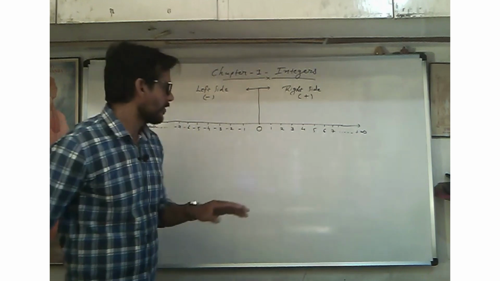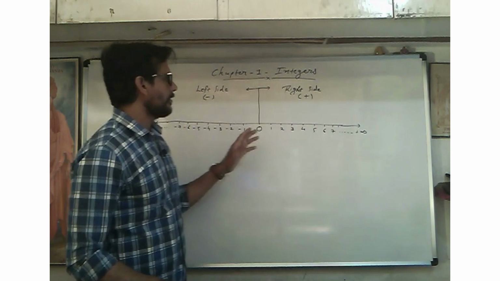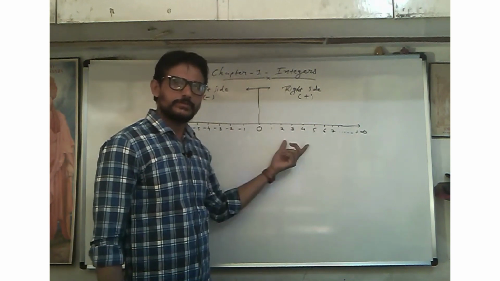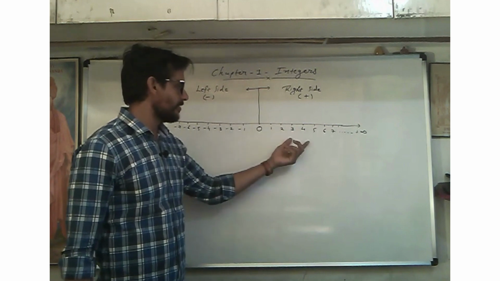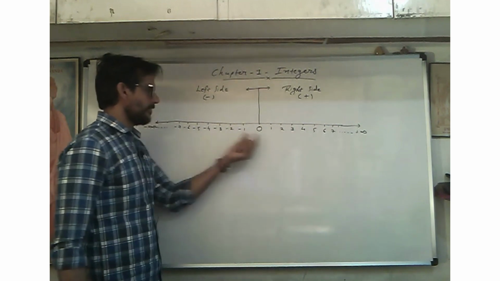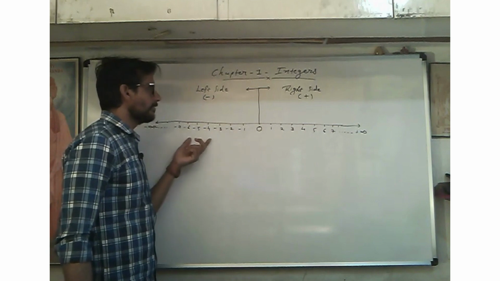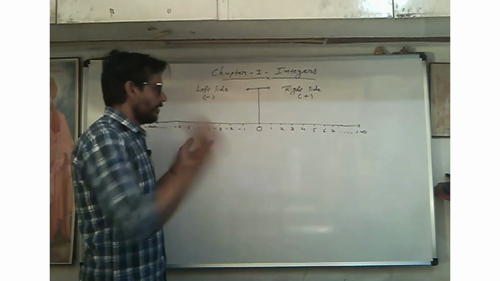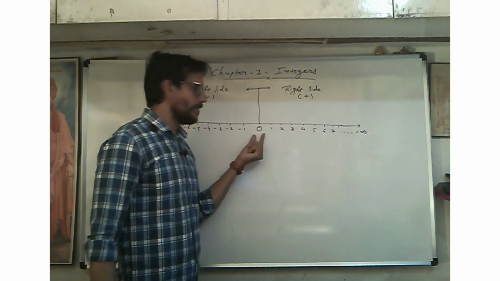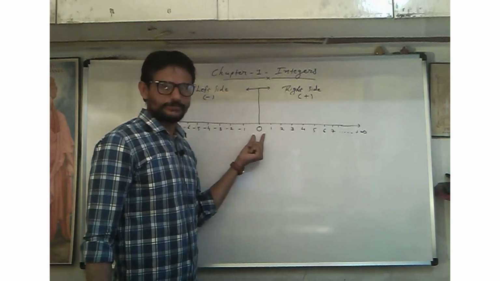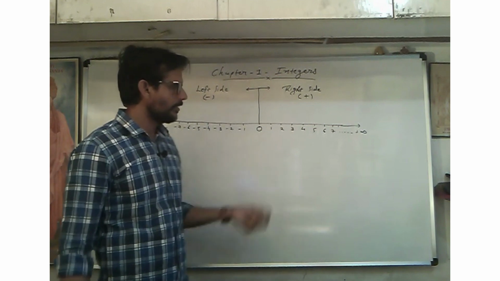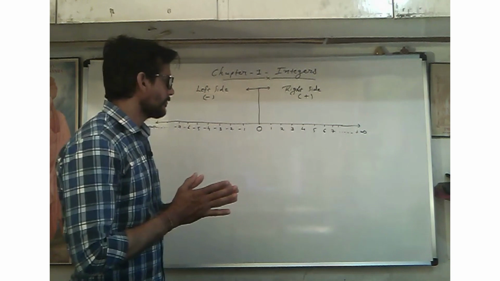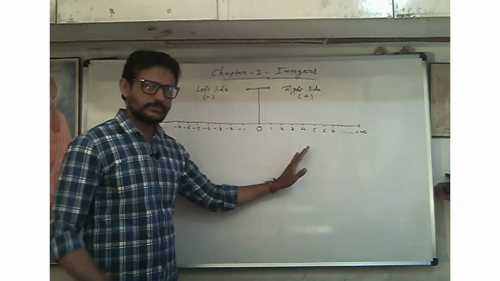Clear? Right hand side from the center dot there are positive numbers. Left hand side from the center dot there are negative numbers. And the center here is 0. So we can see here all these are integers.